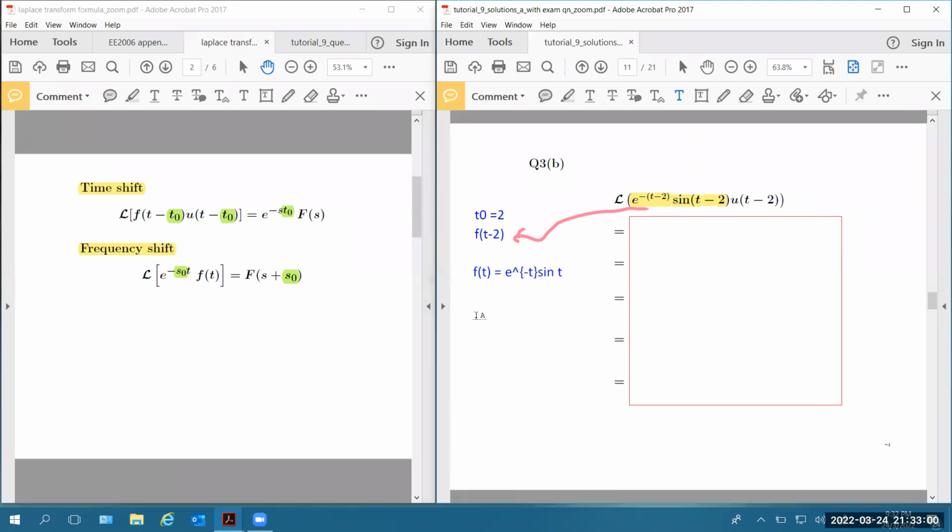All right. So again, by our time shift formula now, according to formula, e to the power of your t naught is also 2 here, right? So it's minus 2s. So that's this part. And then you got your fs. And then now we are more expert already.